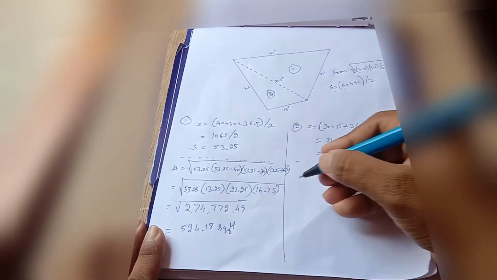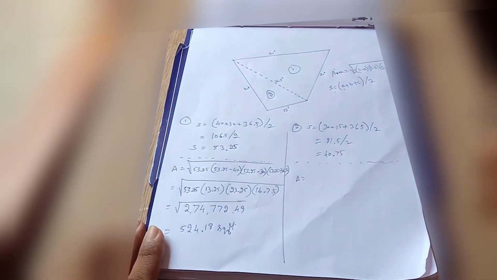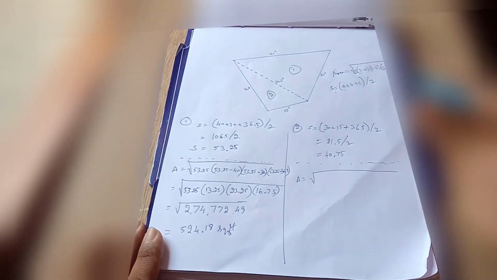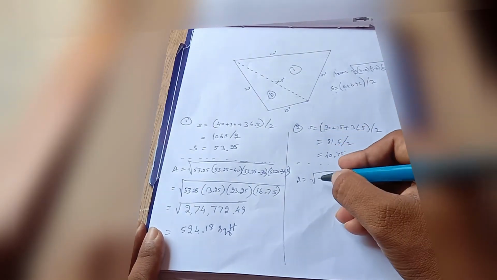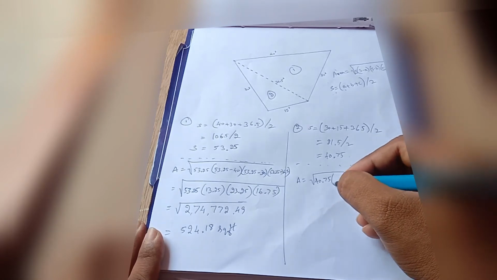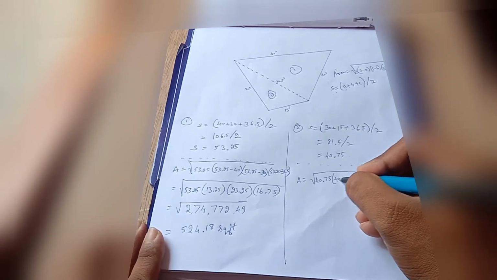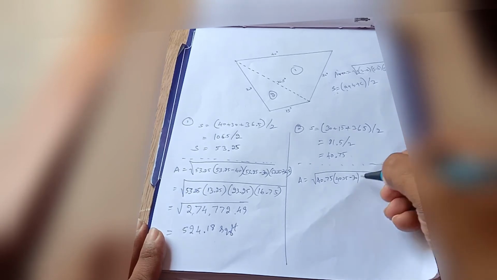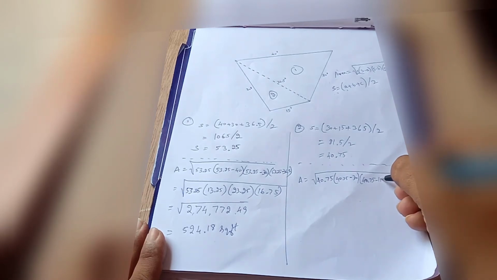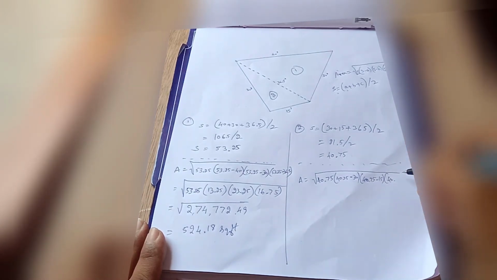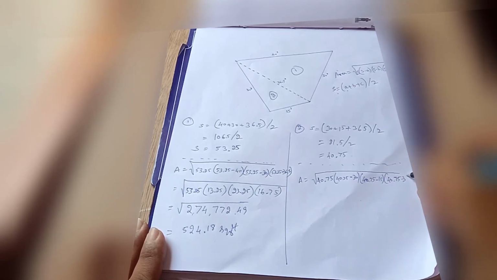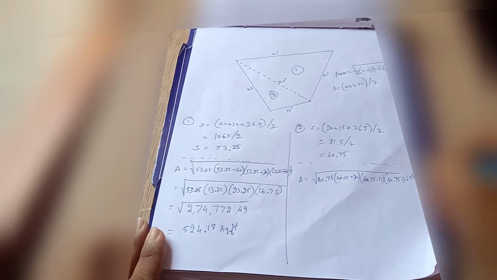Now calculate the area for the second triangle. The area formula we know. So the square root of the s value, 40.75, into 40.75 minus 30, the same 40.75 minus 15, 40.75 minus 36.5.